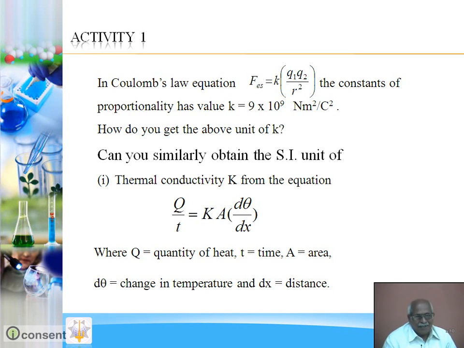Whether we say change in temperature or temperature, the unit is the same. SI unit, Kelvin. Practical unit, degree Celsius. dx is distance, so unit is meter. So you know the units of all other quantities and therefore you can determine the unit of K. Try and write that. I need not say any more.